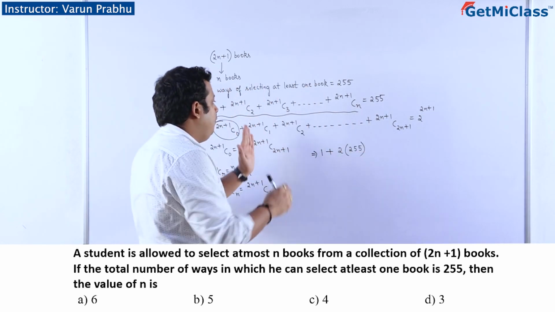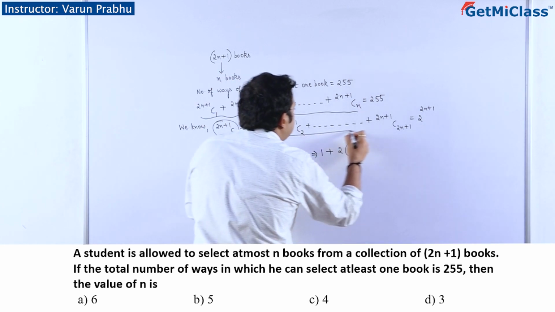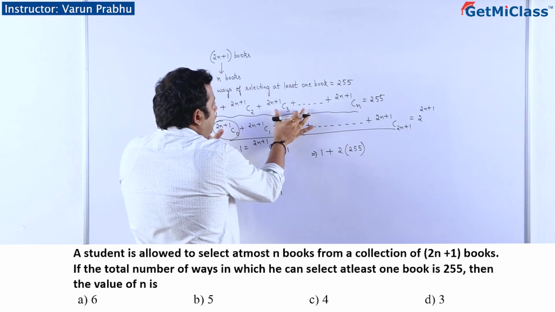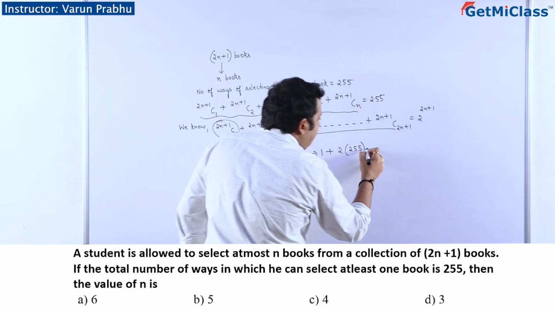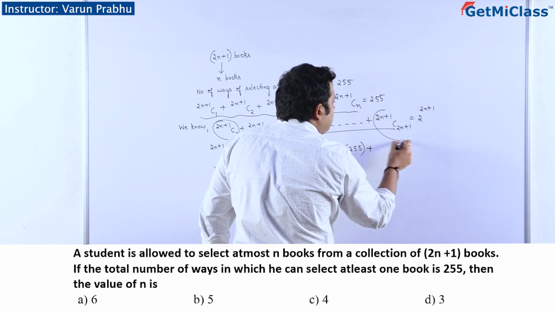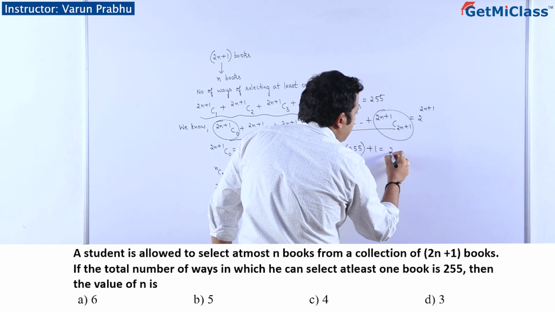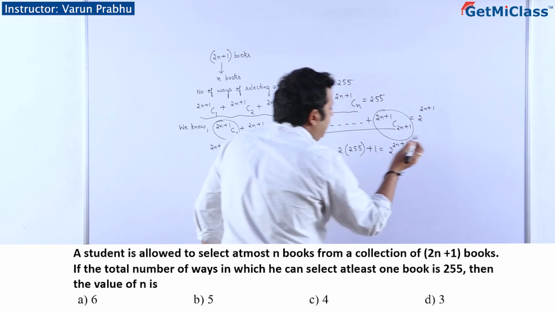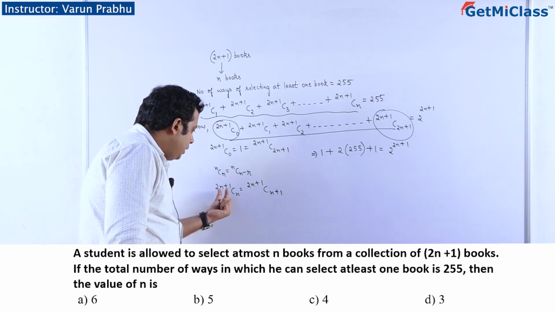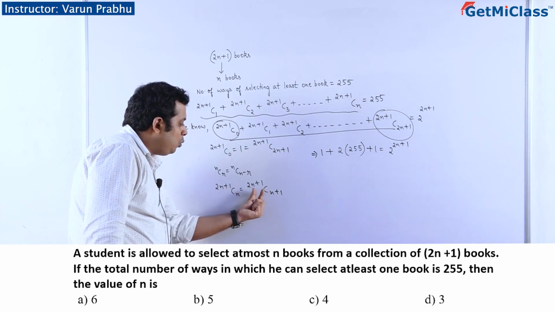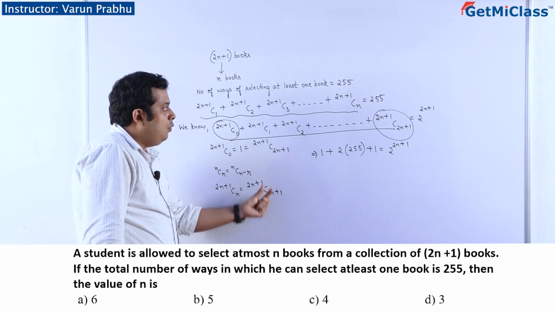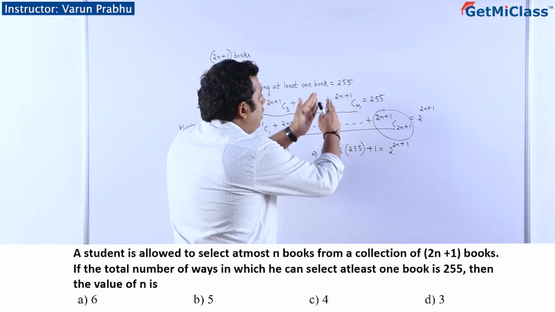Why? Yes or no? Because in this, if I want to fit, this part will be 2 times 255 plus the last quantity is also equal to 1. That is equal to 2 to the power 2n plus 1. How? You see here, 2n plus 1 Cn is nothing but 2n plus 1 Cn plus 1, which means from here the next part will continue, right?